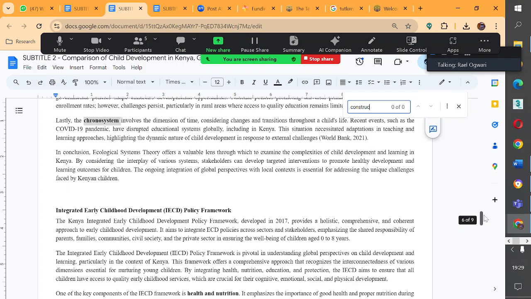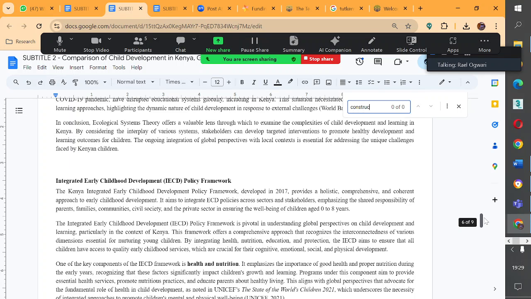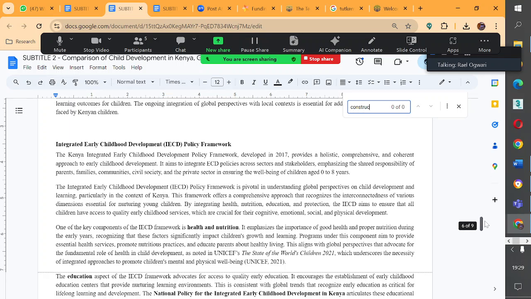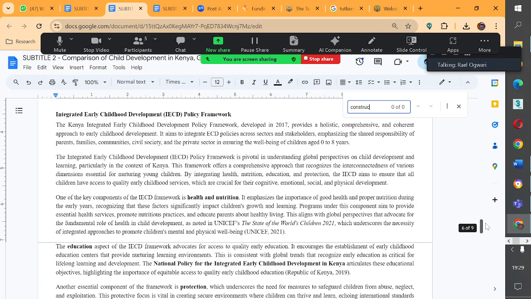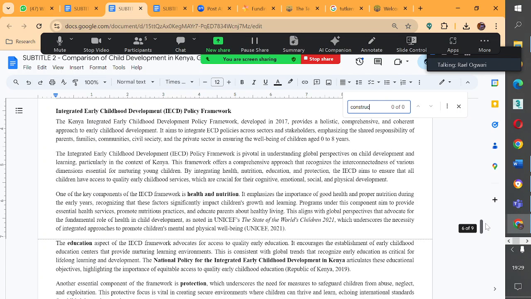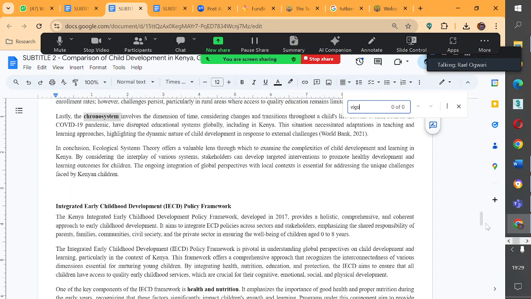And in this case, even technology can be considered as a cultural artifact, and how this can go a long way in child development and learning. And just to know how children learn, because Vygotsky's theory acknowledges the co-construction or co-production of knowledge.